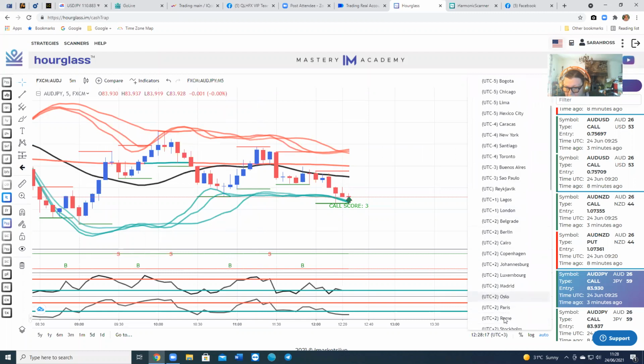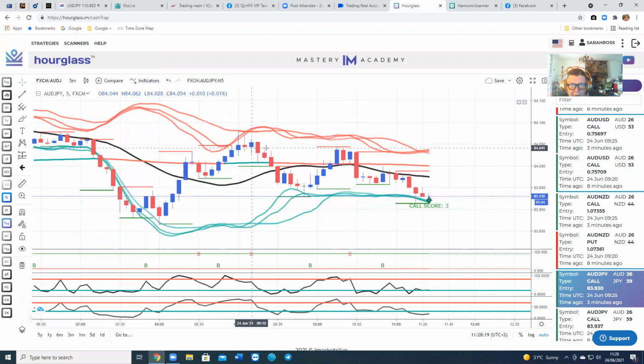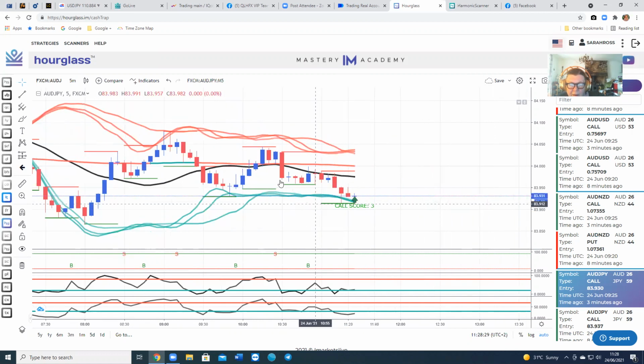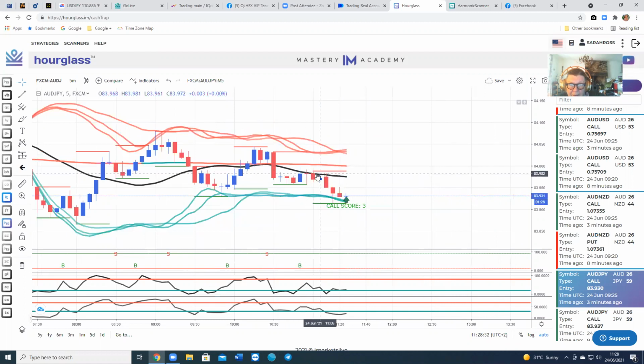Let's put my time on properly. And just coming to this mid-range, it's not quite making it back to the Bollinger Bands, up to the midline. So this is showing you it's in a downward trend because it came back up to the midline, rejected off, but it has now hit the Bollinger Bands. You see that wick? That wick shows you it's about to break. It could break through.